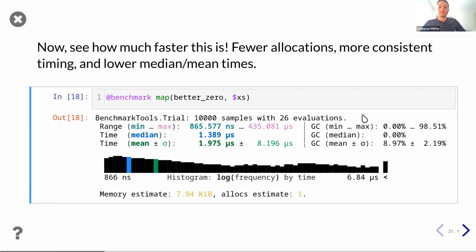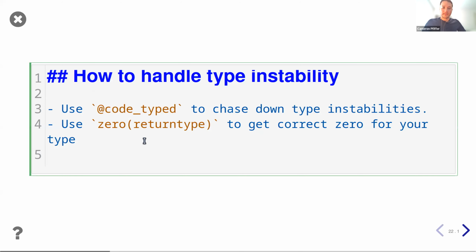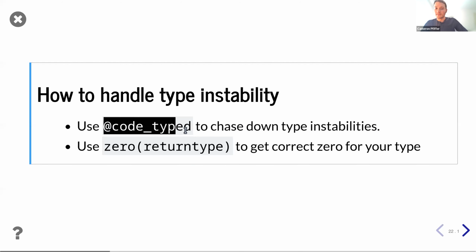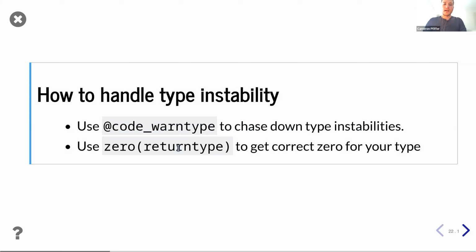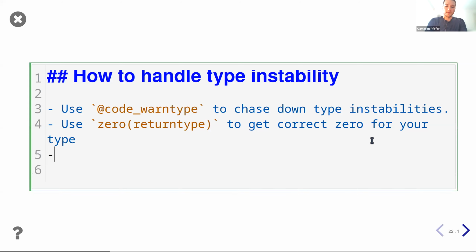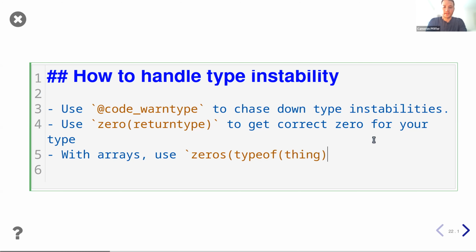Okay, so if you're going to handle type instability, you can use @code_typed to chase down type instabilities, or @code_warntype. And then you can also use zeros(return type) to get the correct zeros for your type. If you're working with arrays, use zeros(typeof(thing)), and something like this, right?